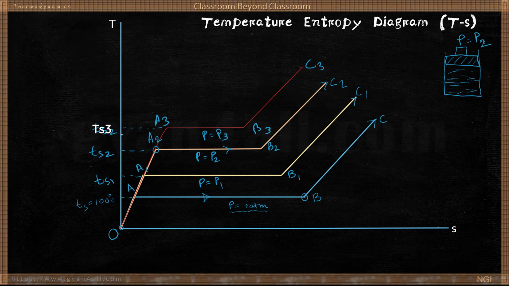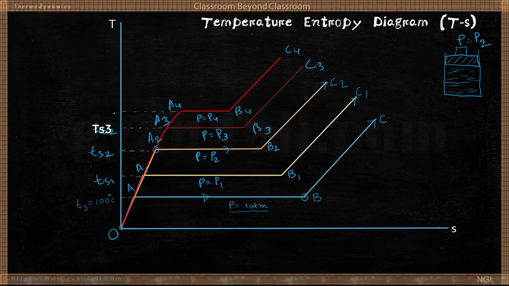Now we'll show you an even higher pressure. We'll name it A4, B4 and C4, and the pressure is P equal to P4.